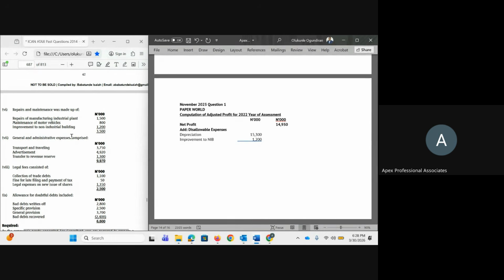Then general expenses includes transport and traveling allowed, advertisement is allowed, but transfer to revenue reserve is disallowed, right? Because it's basically an appropriation, doesn't involve movement of cash.